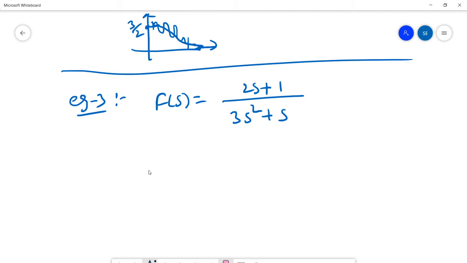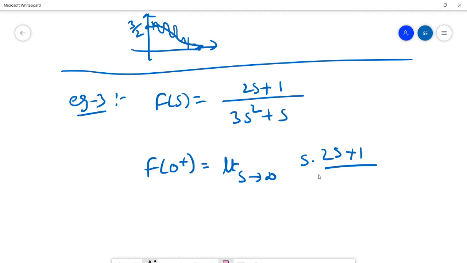Initial value f of 0 plus is limit s tends to infinity of s into f of s, which is s into 2s plus 1 divided by 3s square plus s. So we can take one s common outside.